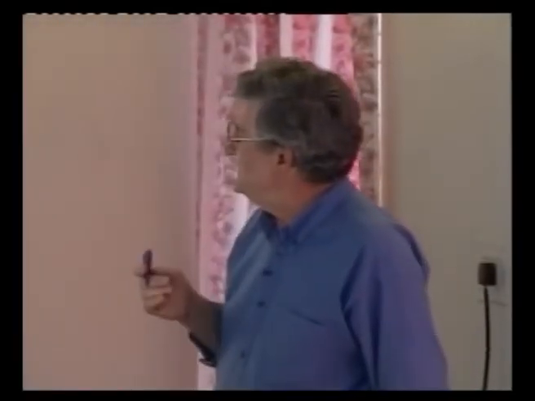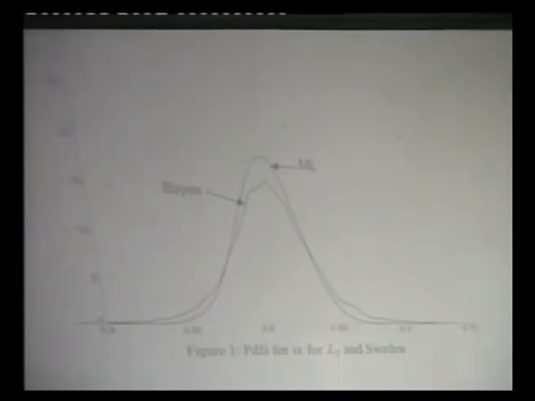This one's designed to show that when the maximum likelihood standard error is bigger than the Bayesian posterior standard deviation, then this is an example of the error you make by using asymptotic approximation, is one way of viewing this.